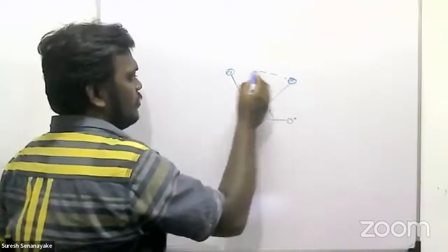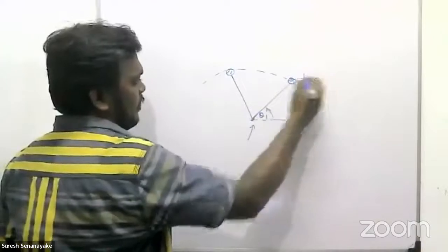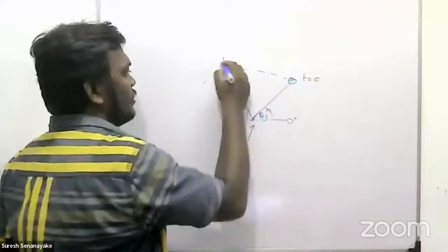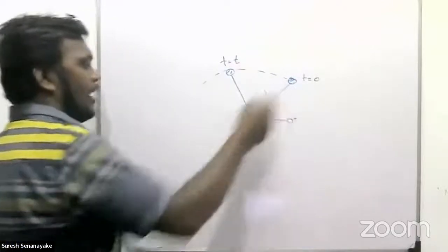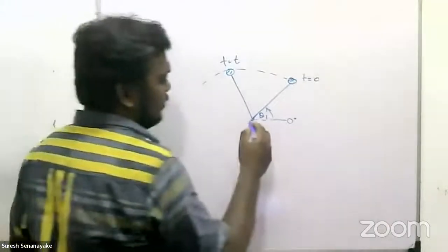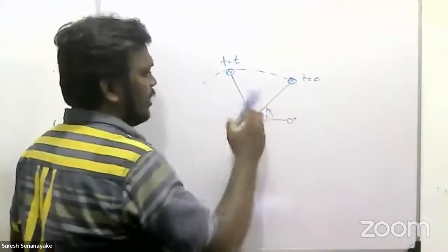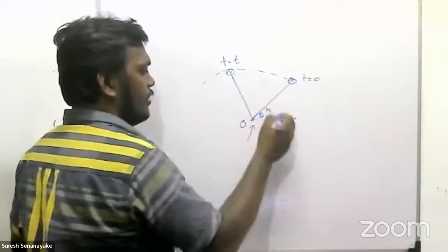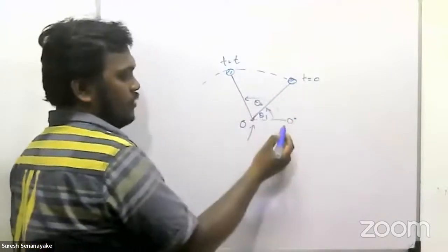So this object is moving anyway. At the time t equals t, the angular position is the line drawn from this point to the object. It's making an angle, right? So that angle at this point, let's say theta 2, from this 0 degree line.